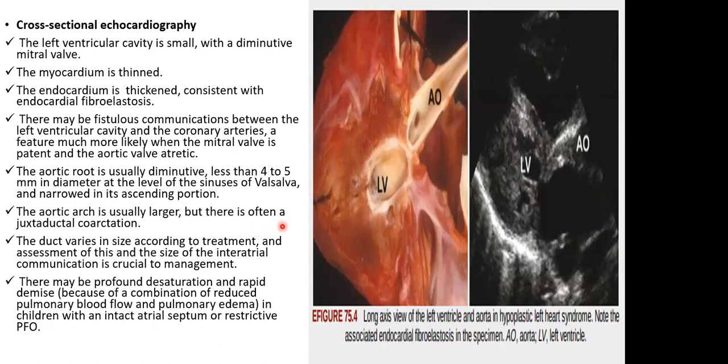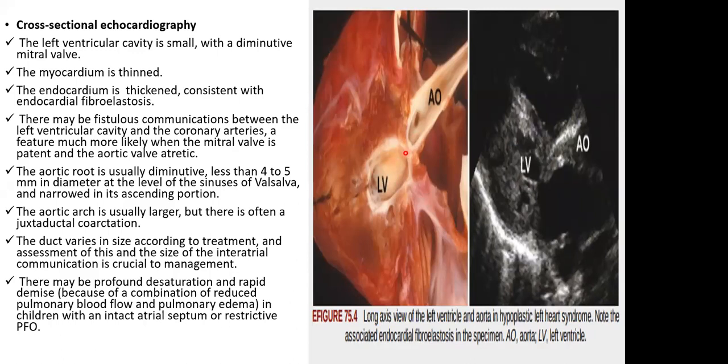So this is actually a gross picture of a patient with hypoplastic left heart syndrome. This is what it looks like. If you look very well, the left ventricle is hypoplastic, it's actually small. The ventricular cavity is small. And if you look very well, the aortic valve is atretic.